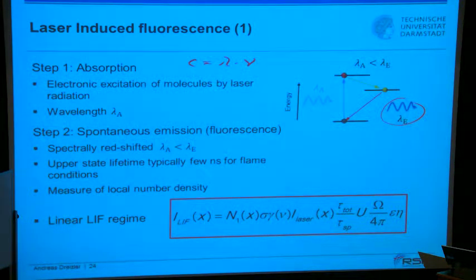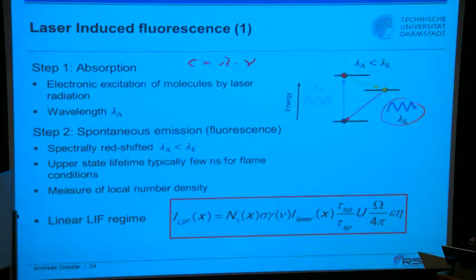The upper state's lifetime is finite. So the molecule rests for a certain time up there before it fluoresces. And typically, for OH in atmospheric flames, the lifetime is in the nanosecond regime. And this lifetime is severely influenced by the surroundings.